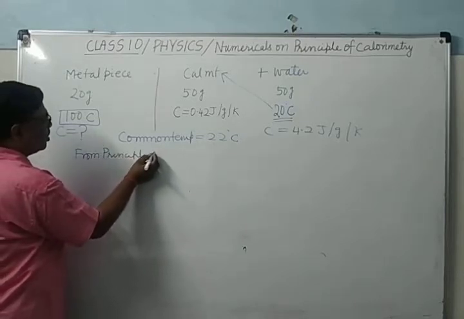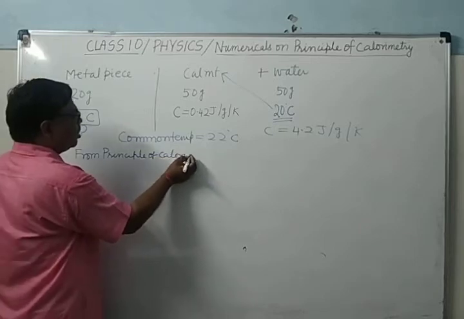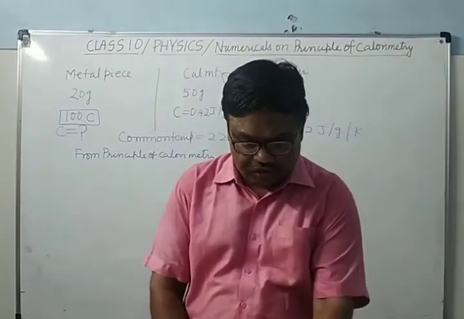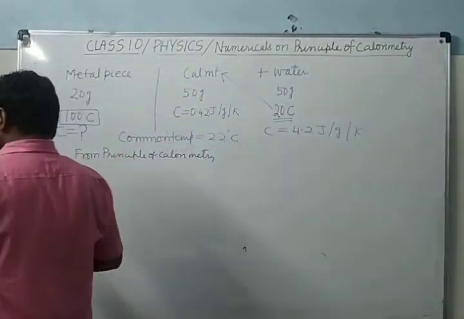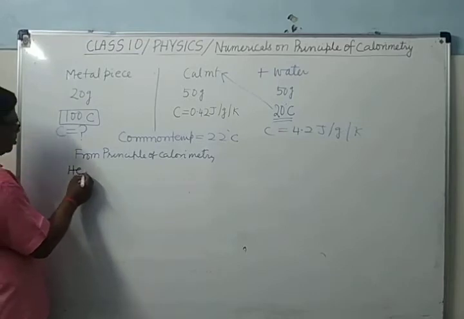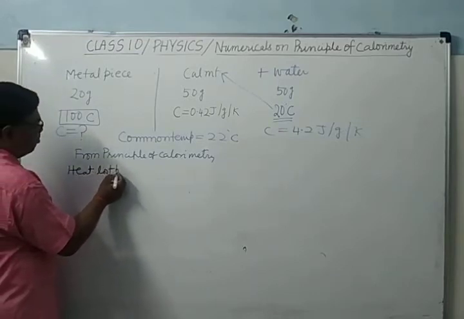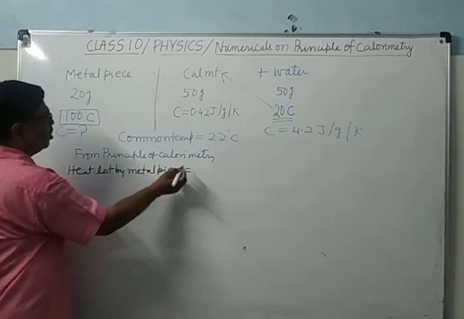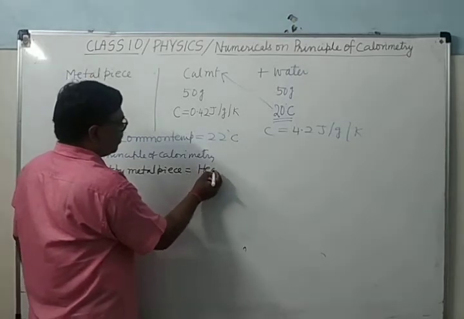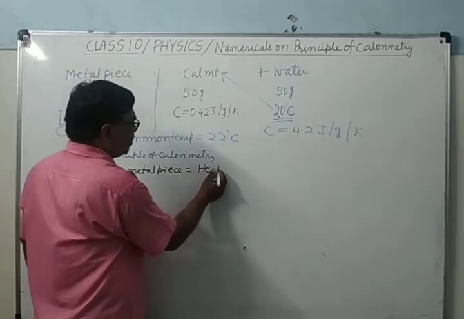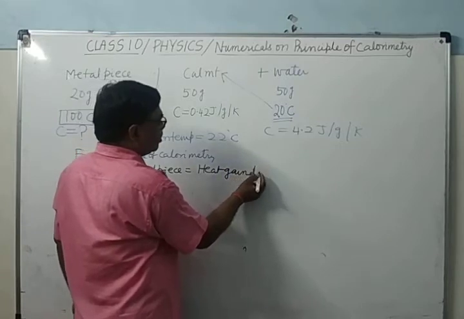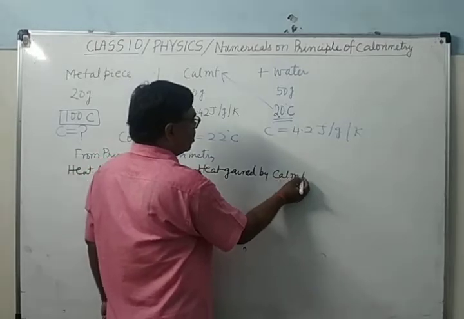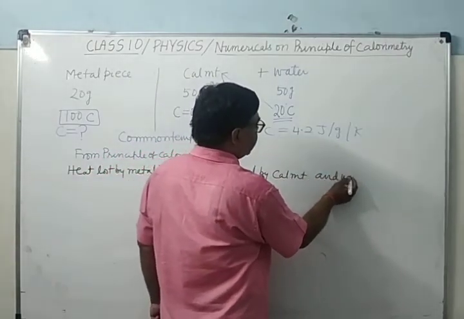So from the principle of calorimetry, what will be the principle of calorimetry here? Heat lost by metal piece equals heat gained by calorimeter and water.